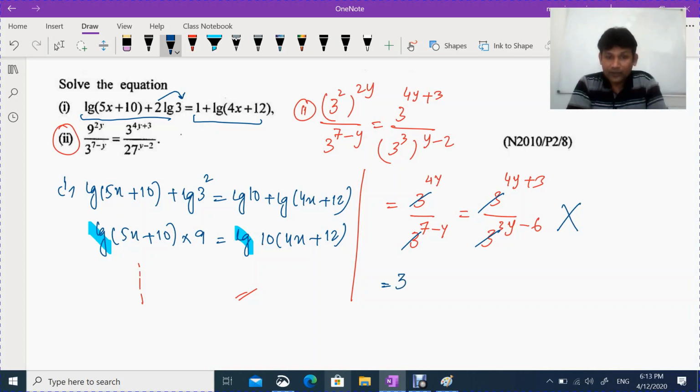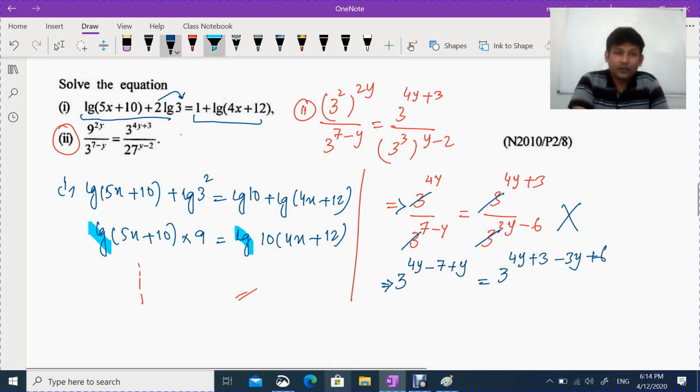3 power 4y minus 7 plus y, this is y, is equal to 3 power 4y plus 3, and this 3y will become minus 3y, and this 6 will become plus 6.